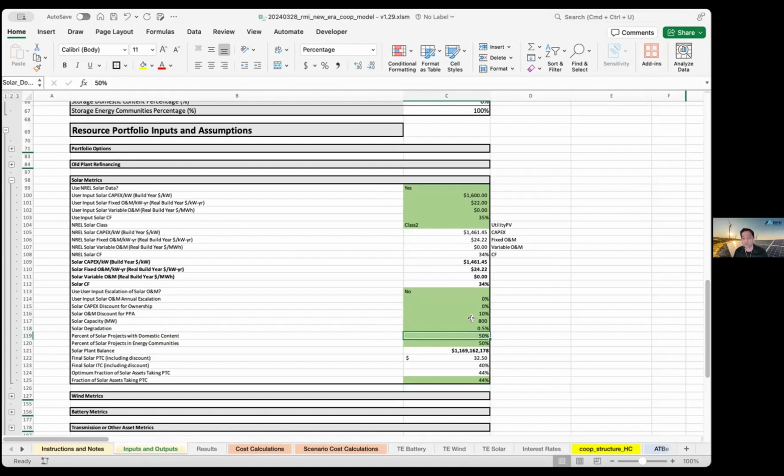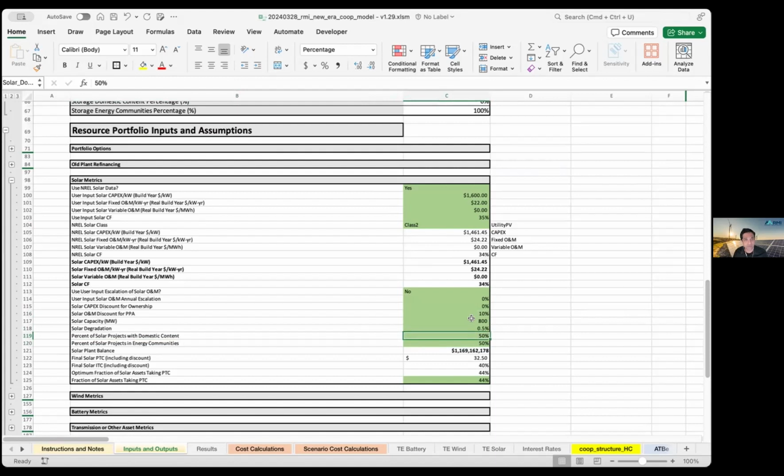So you may have a portfolio of projects where you expect that some of the solar projects are expected to meet the threshold of domestic content. So you feel comfortable that you might get a 10% adder on your incentive, either an extra 10% for the ITC or a 10% increase in the PTC, depending on which is chosen. And if you do, you can select the percentage of that 800 megawatts, in this case, of capacity that you believe is likely to achieve the domestic content.